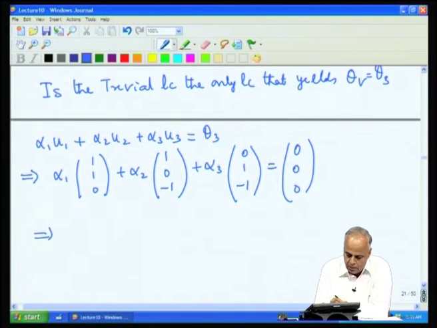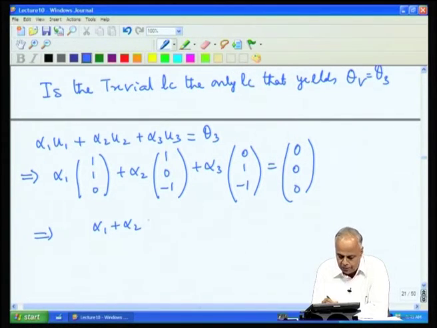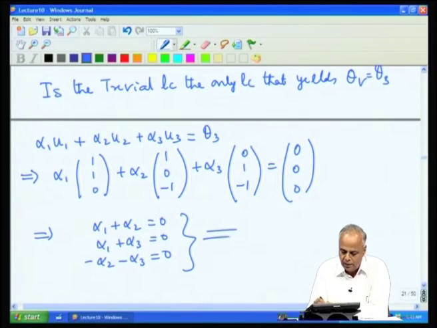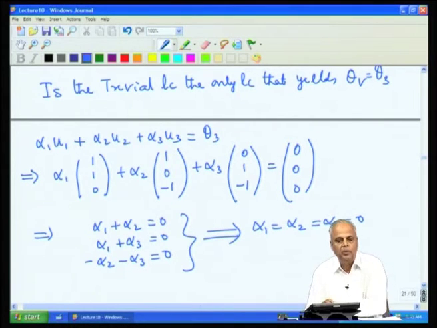which implies alpha 1 plus alpha 2 equal to 0. Comparing the first coefficients, comparing the second coefficients, we get alpha 1 plus alpha 3 equal to 0. Comparing the third coefficients on both sides, we get minus alpha 2 plus alpha 3 equal to 0. And the only thing that can satisfy all these 3 equations is alpha 1 equal to alpha 2 equal to alpha 3 equal to 0.